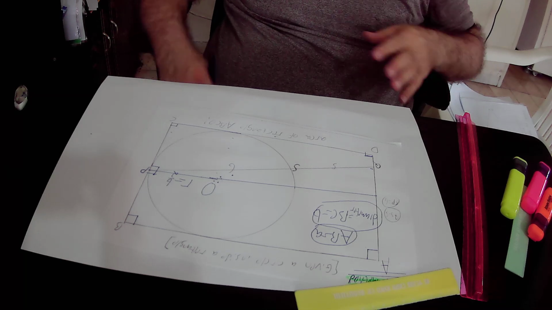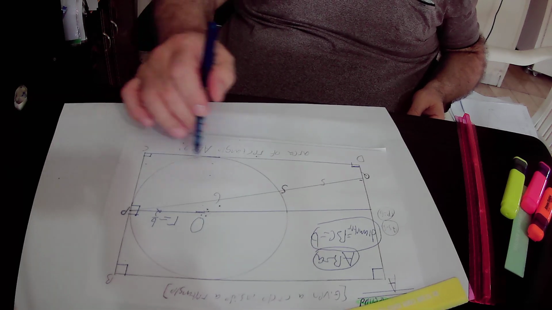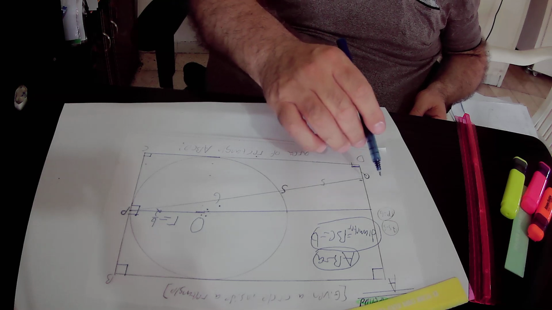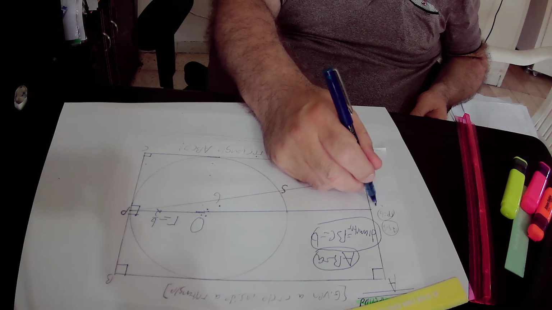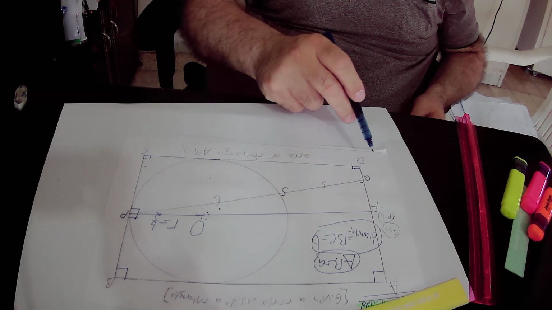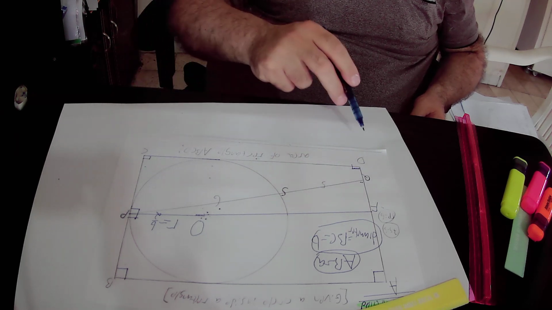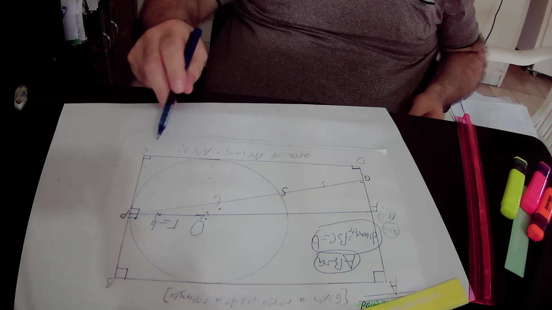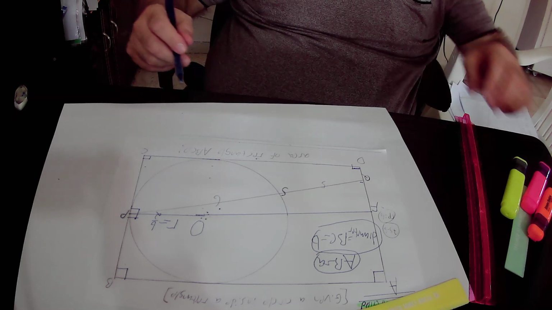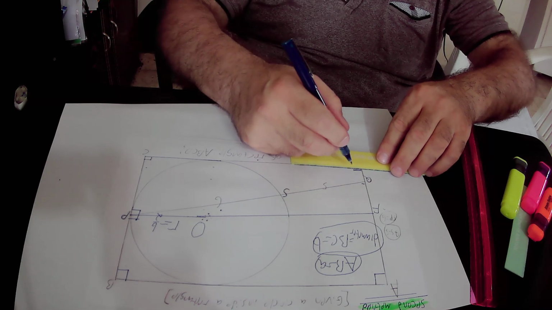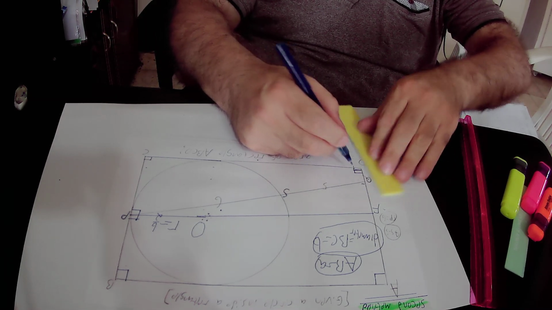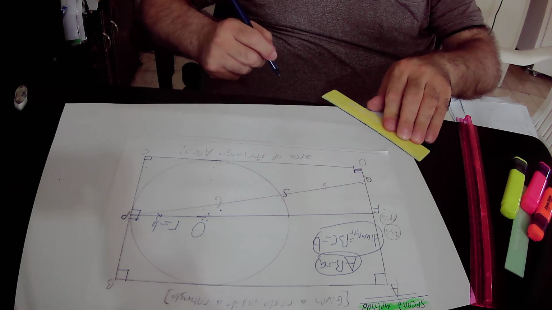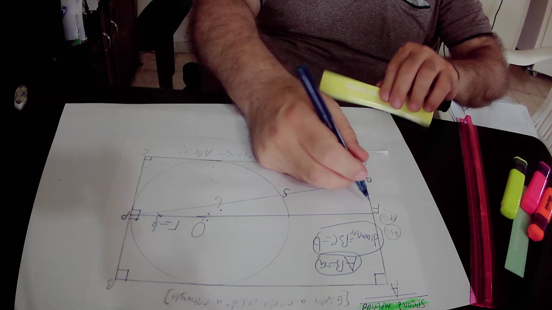So here we define the touching point of the extended PO and side AD as F. In quadrilateral FPDC we have 1, 2, 3 right angles. Okay, we have 3 right angles, therefore the fourth angle must also be a right angle.